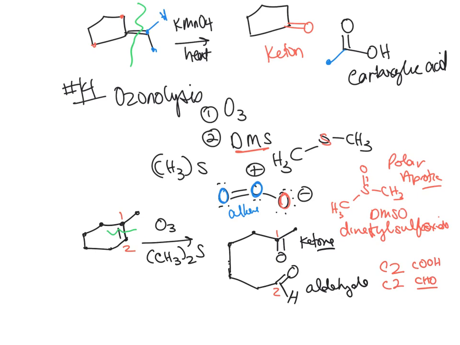Trisubstituted alkenes are oxidized to ketones, the same as in permanganate, but disubstituted alkenes are oxidized to aldehydes, whereas they're oxidized to carboxylic acids in permanganate reactions.